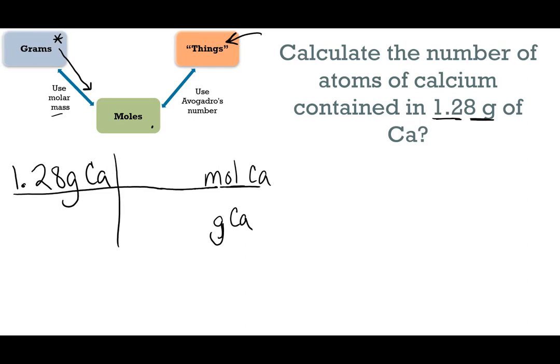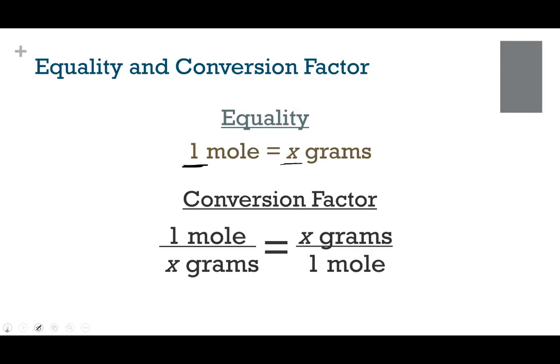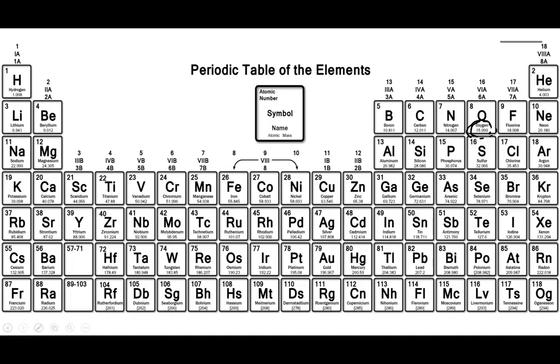What unit always goes with mole? Yep, the number 1. And then how many grams of calcium are in 1 mole? Go to your periodic table. Find calcium. Finding it's half the problem, half the battle. So find calcium and 40.078.